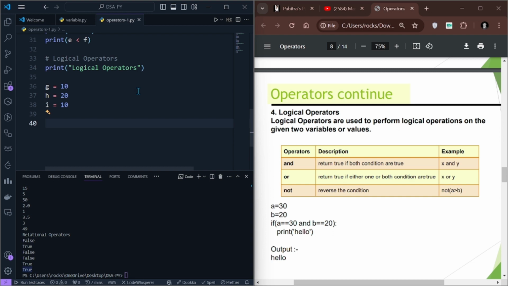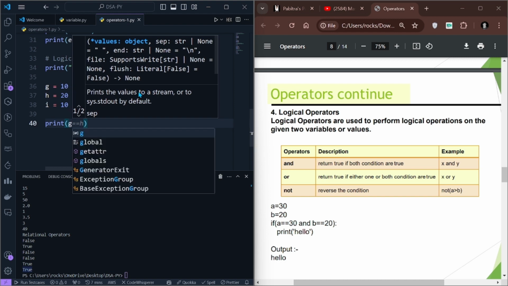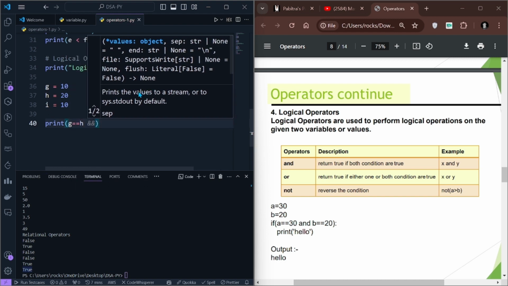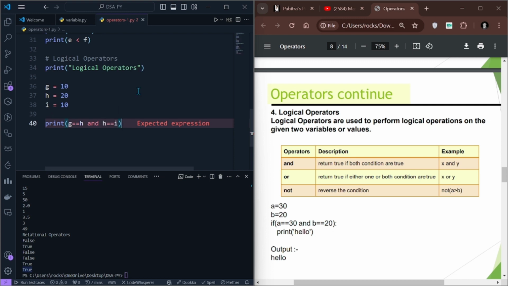Let us print if G is equal to H, and then we will use this logical AND operator and check if H is equal to I or not. So run this code. Here you can see that we are getting false because 10 is not equal to 20 and 20 is not equal to 10.